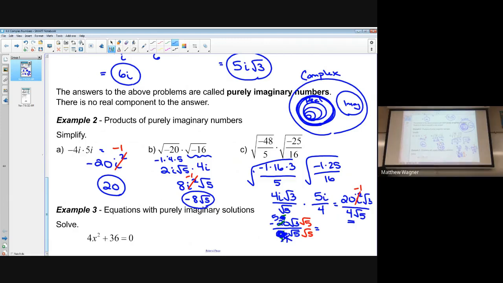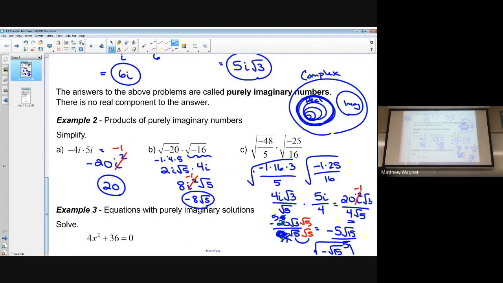Sorry, that wasn't a 16. But we have negative 5 root 15 over square root of 5 times the square root of 5 is 5, which means I have the negative square root of 15. My apologies there. That was my mistake.